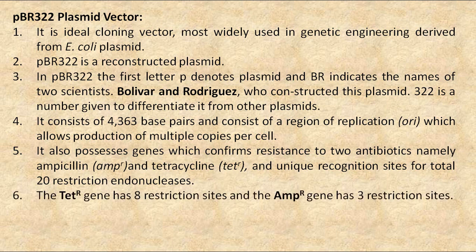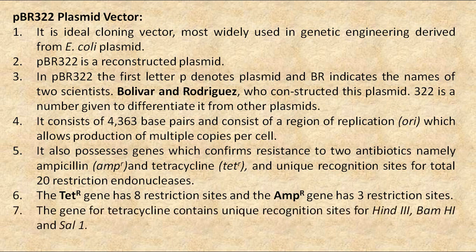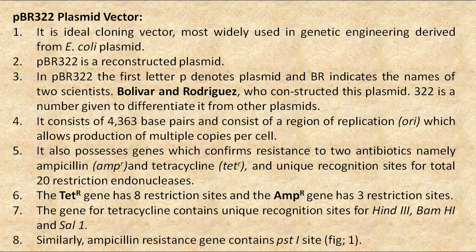The tetracycline gene has 8 restriction sites and the ampicillin gene has 3 restriction sites. The gene for tetracycline contains unique recognition sites for HindIII, BamHI and SalI. Similarly, the ampicillin resistance gene contains a PstI site.